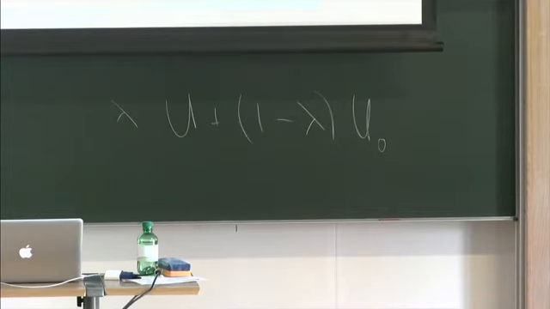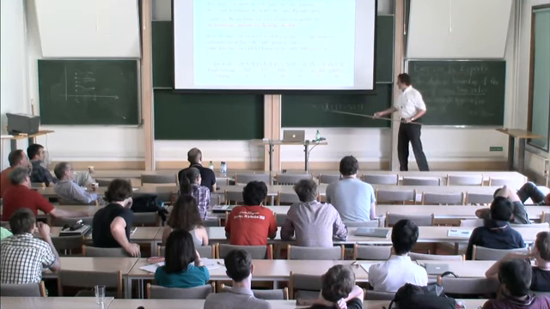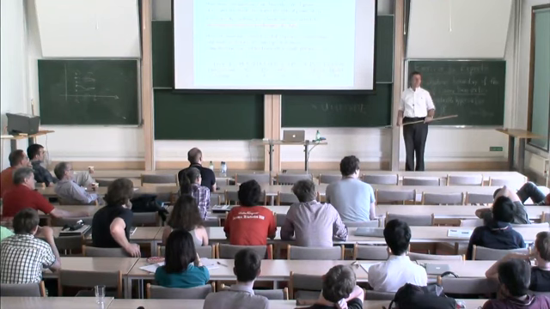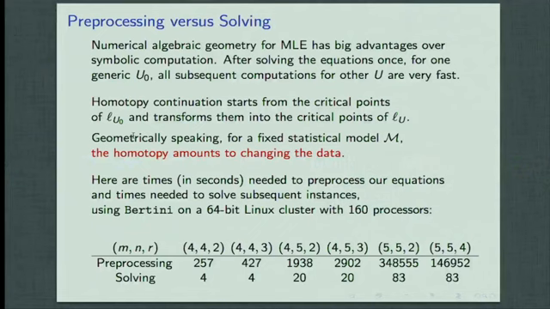But if you take lambda from 0 to 1 along a suitably general arc in the complex plane, then it works. For lambda equals 0, that's the one we can solve. For lambda equals 1 is the one we want to solve. But we drive lambda through the complex plane from 0 to 1, not along the real axis. Because otherwise you hit the discriminant. I want to stay away from the discriminant, away from two solutions coming together.